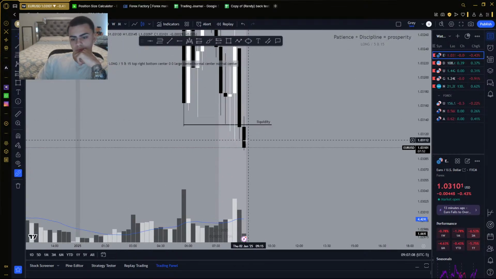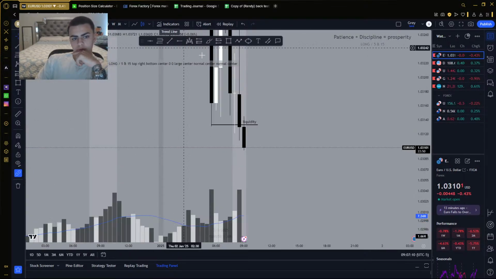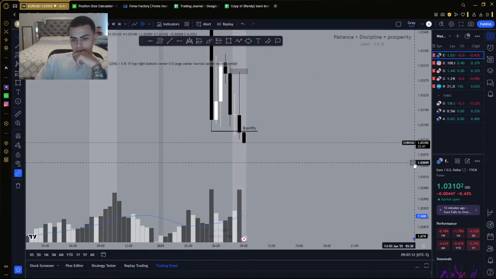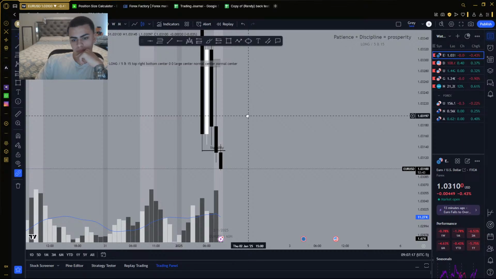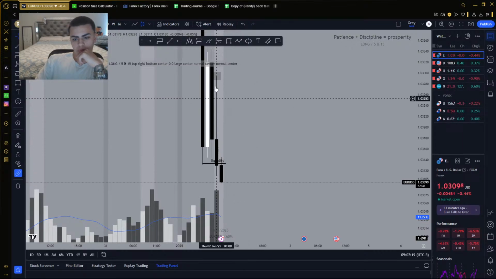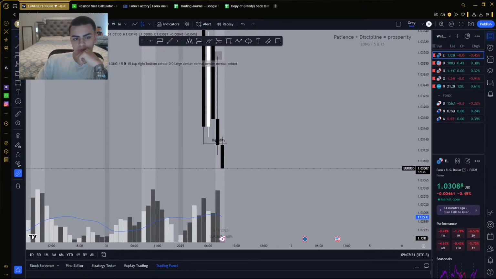Go on the 15 minutes, how it looks. 30. 1 hour closed with a bearish hammer too.